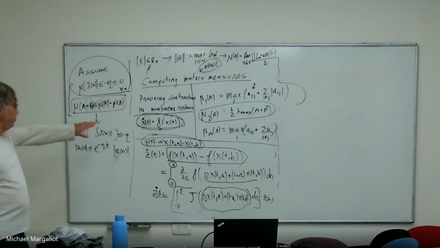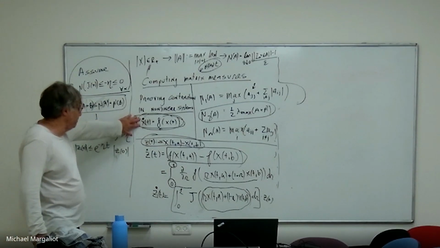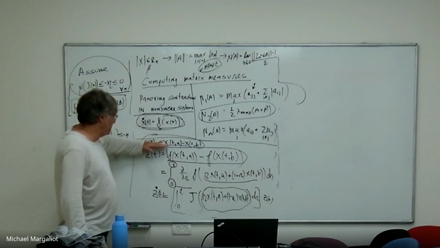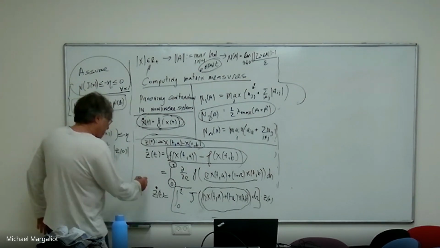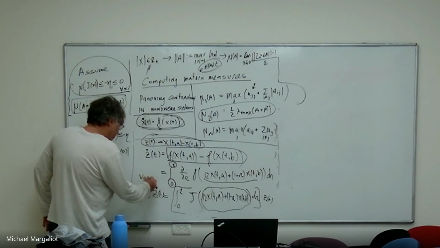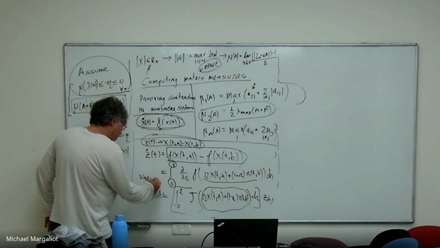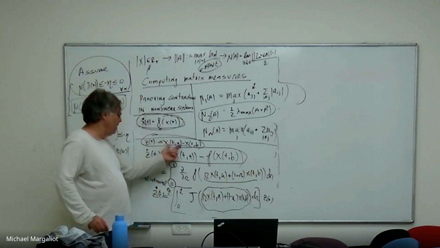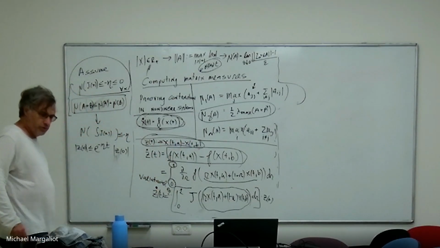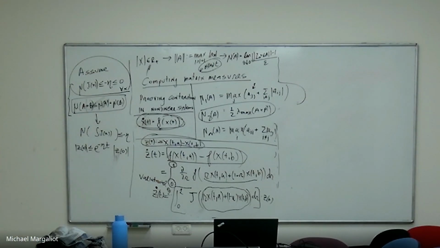So the idea was I'm looking at a nonlinear system, but when I look at the distance between two solutions, I can use this. This is called the variational equation, by the way, because it tells me what happens when I make a variation in the initial condition. How does the difference between two solutions, based on a variation in the initial condition, evolve in time?